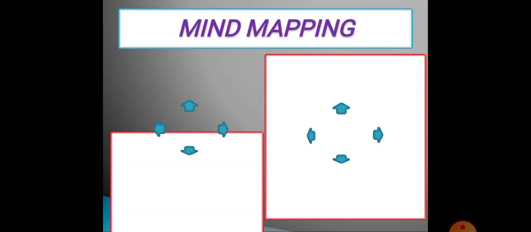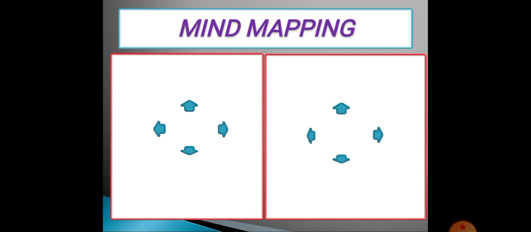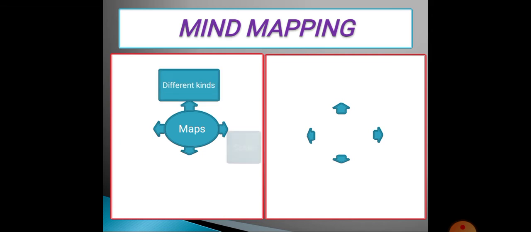Before we go on, what is the first thing that comes to your mind when you see maps? Yes, directions or different kinds of maps. The scale, yes, a map showing how many kilometers or the measurement from a certain place to another, like from Kanyakumari to Kashmir, or Kanyakumari to Delhi, or Chennai to Delhi.